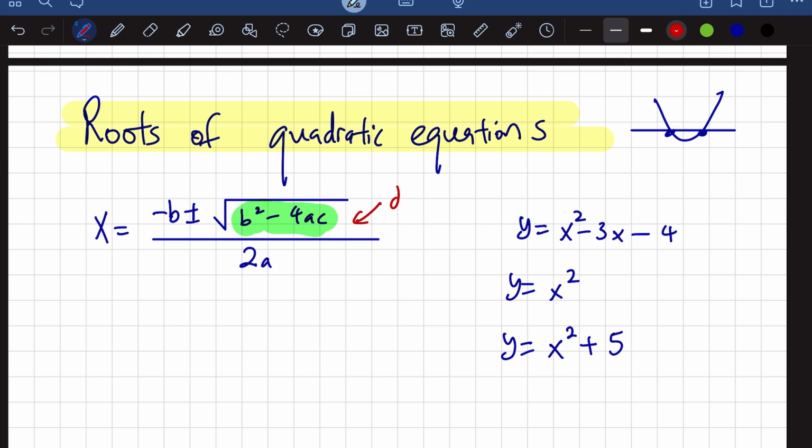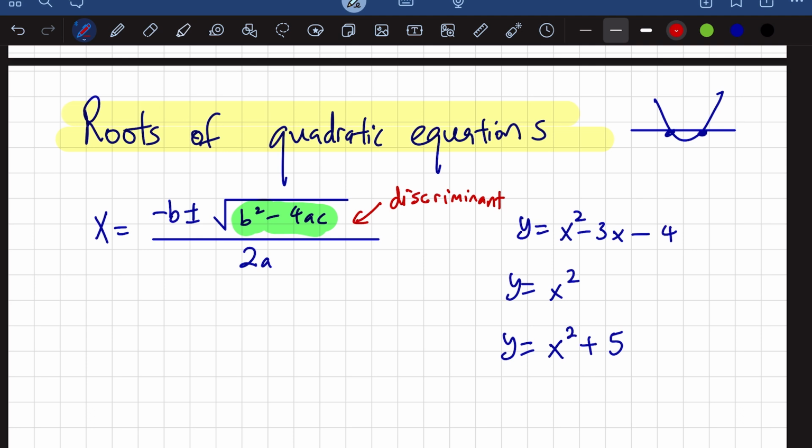Now, the discriminant is basically the key component of the quadratic formula that tells us if there are two repeated roots, two distinct roots, or no roots. Alright?